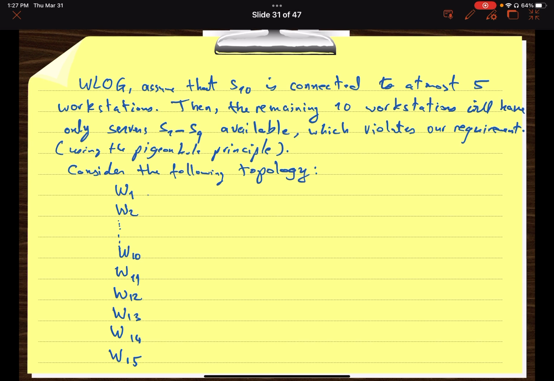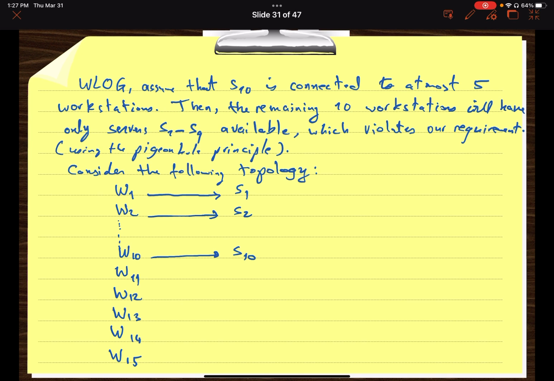Now this is what I'm going to do. I'm going to connect W1 to S1, W2 to S2, W3 to S3, all the way until W10 to S10.